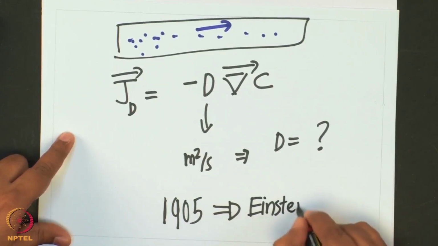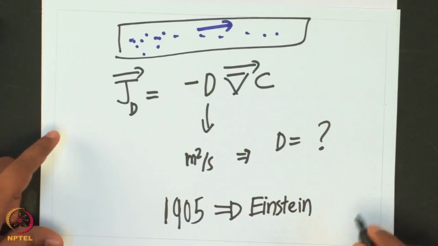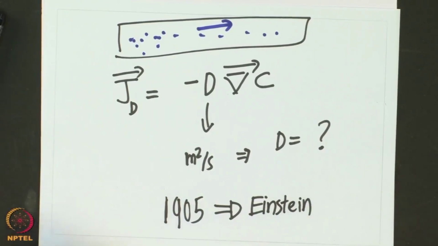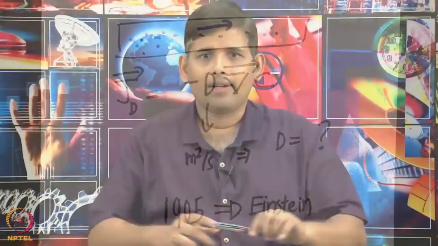Some of you would know that Einstein wrote many famous papers in the year 1905. It's called a miraculous year because one person produced so much work in that one year.